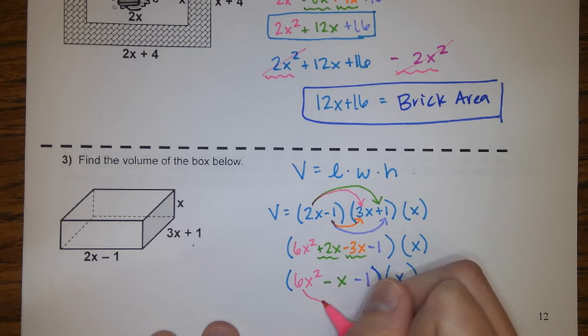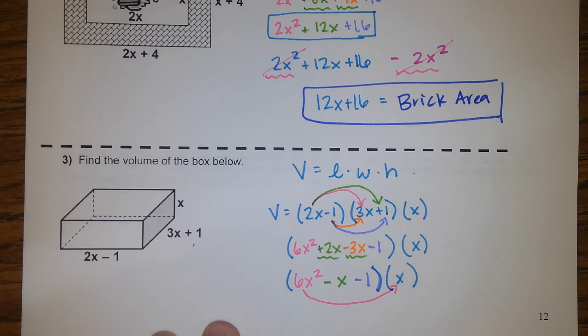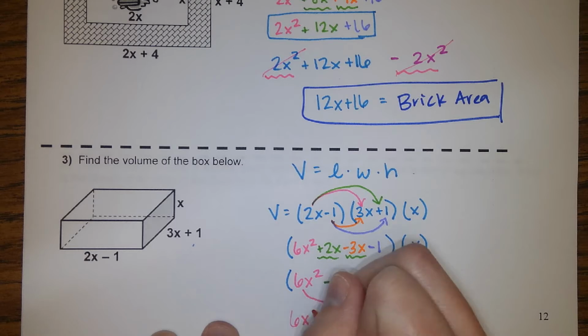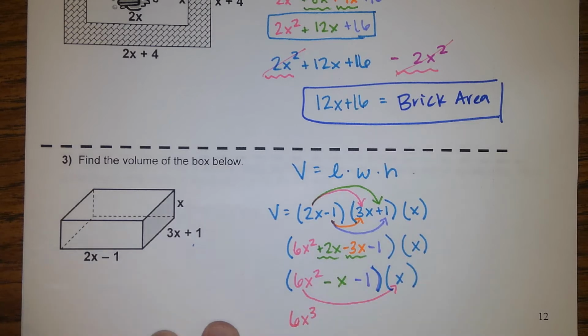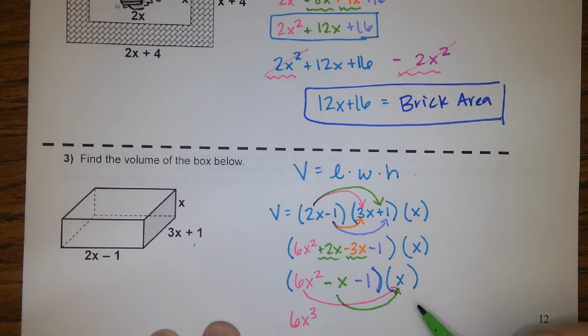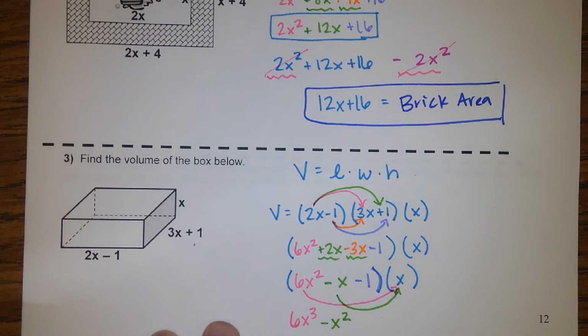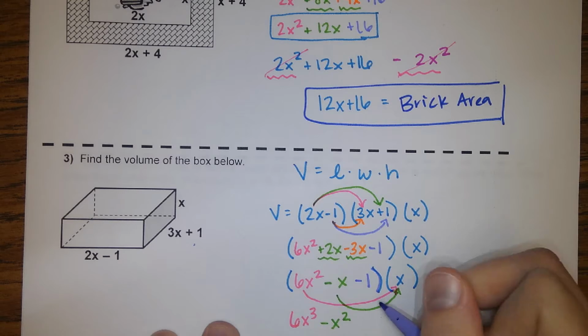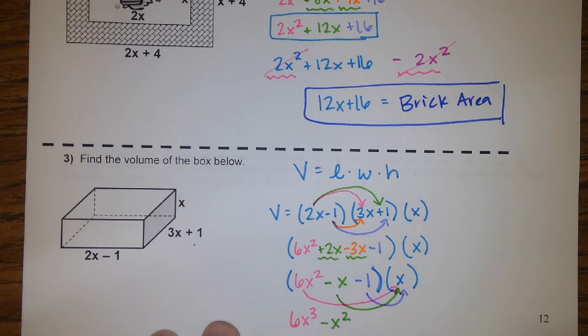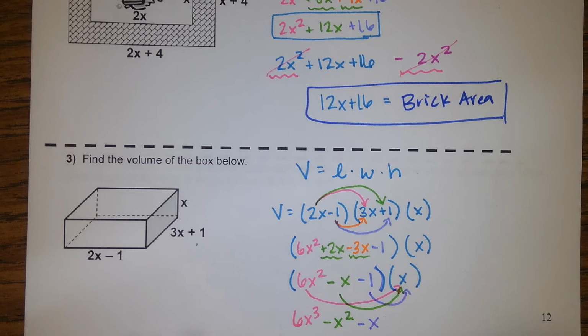So 6x squared times x would give us 6x cubed. Negative x times x would give us negative x squared. And negative 1 times x gives us negative 1x, or negative x.